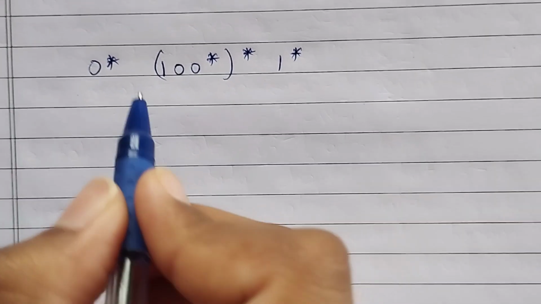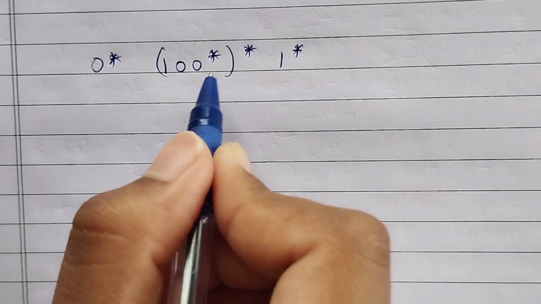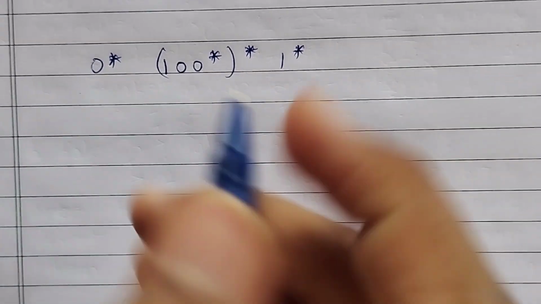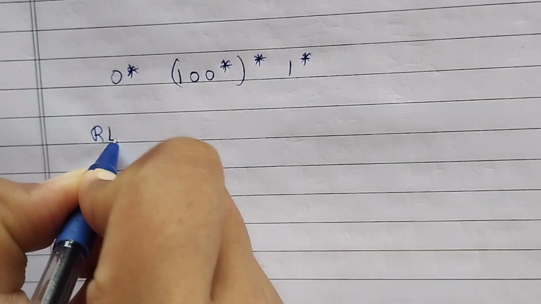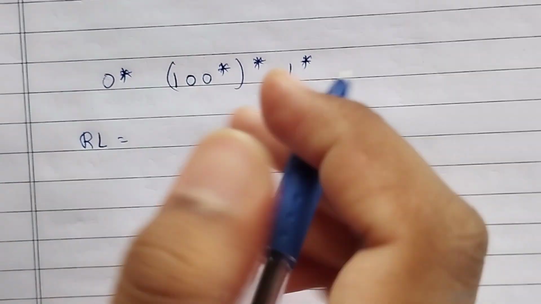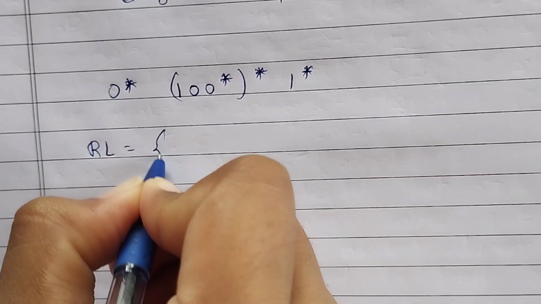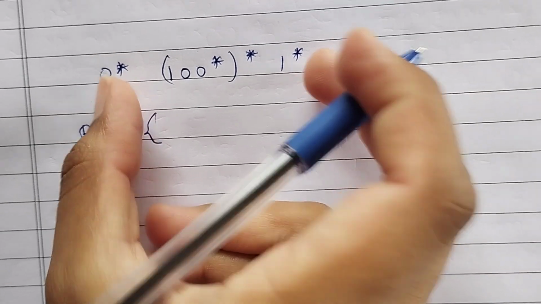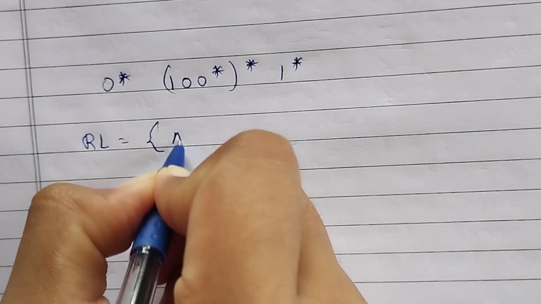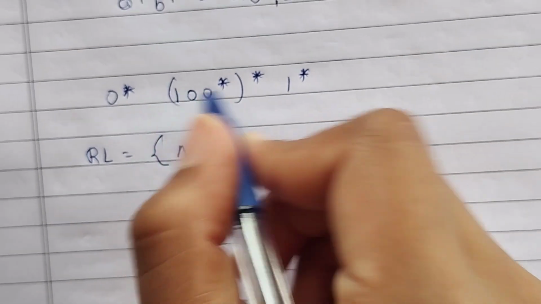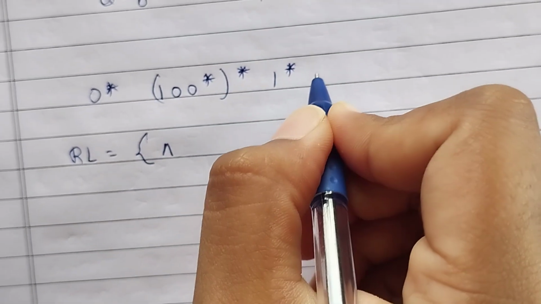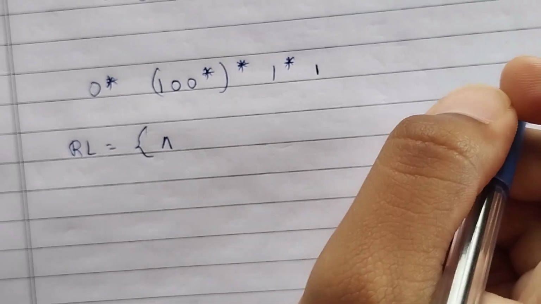So this is the question, and this is the regular expression. I hope you all get the idea. Now we write the regular language for it. RL means regular language. As I said, at the start we consider all the terms as null, so we write null. But suppose the expression has an addition of 1, meaning 1 is also present.